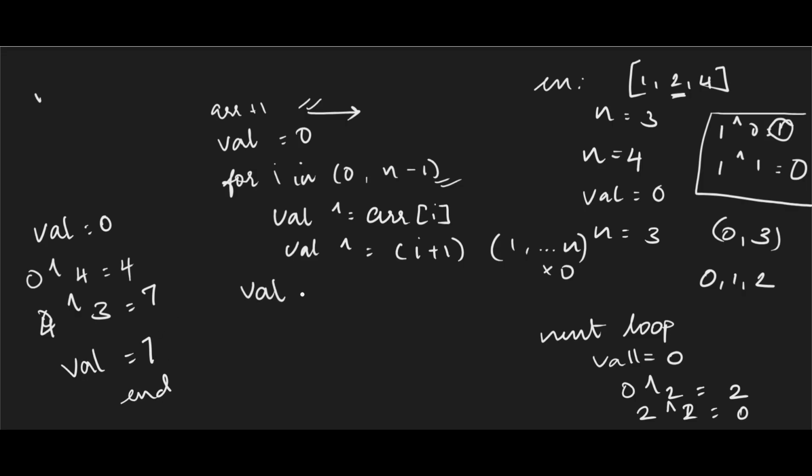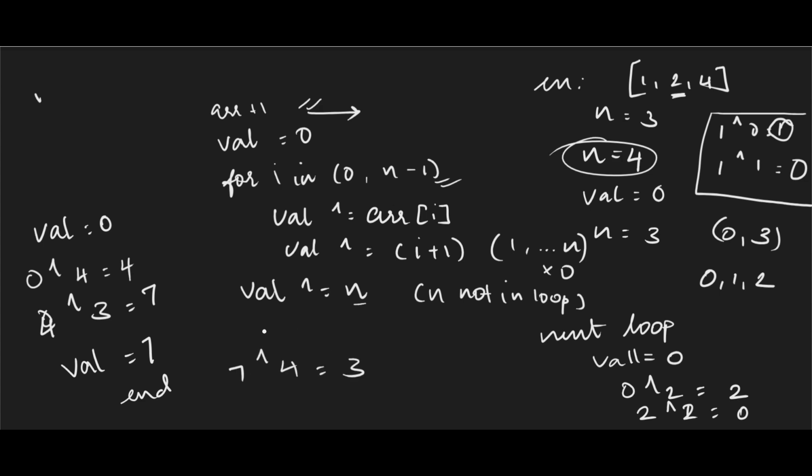And in the end, we are XORing val with n because that will not be included in the iteration. So when we XOR val with n, where n is 4, and when we XOR 7 with 4, the answer is 3, which gives us the missing number from the example array.